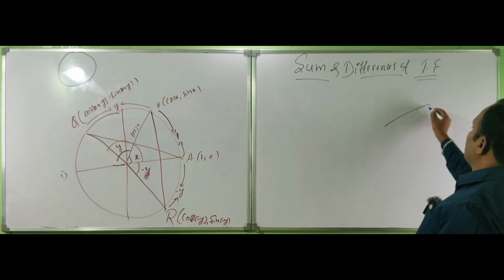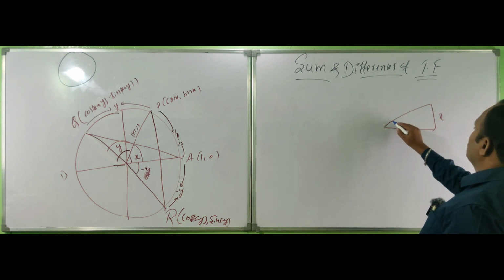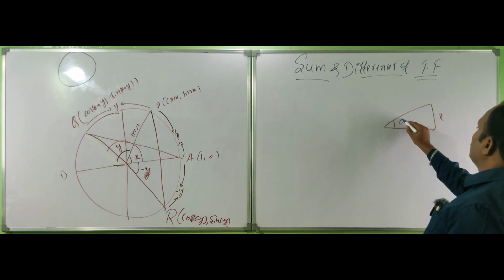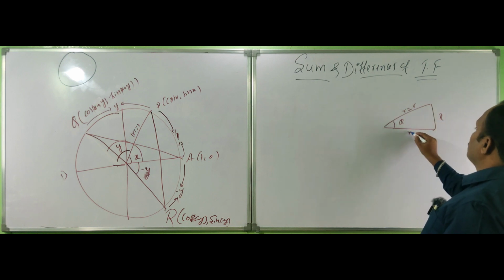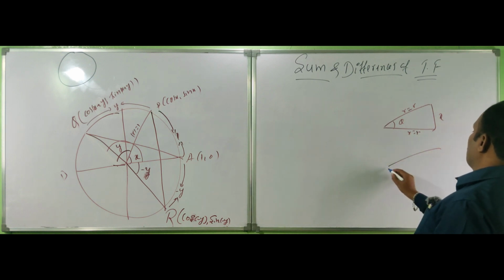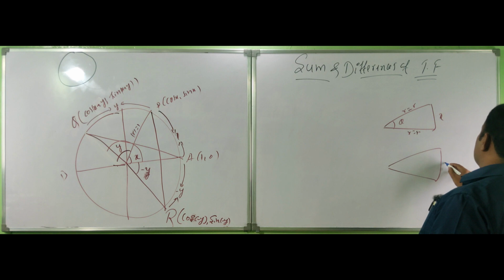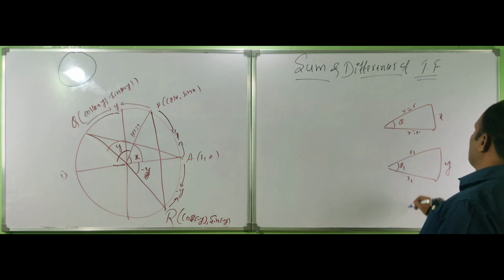This is our arc. This is x and this is theta. R is equal to R, and this is equal to R. If this is equal to y and this becomes theta 1, this becomes r1, and this becomes r1.